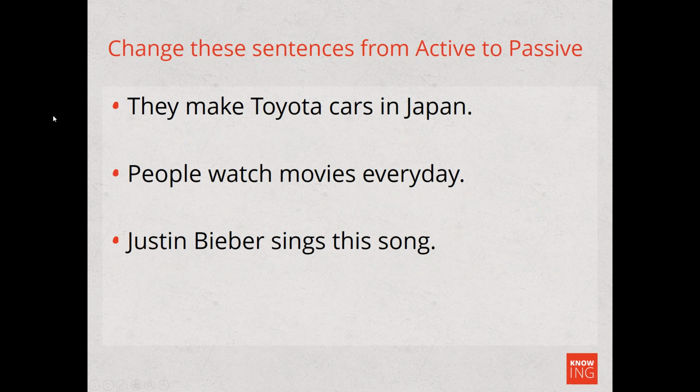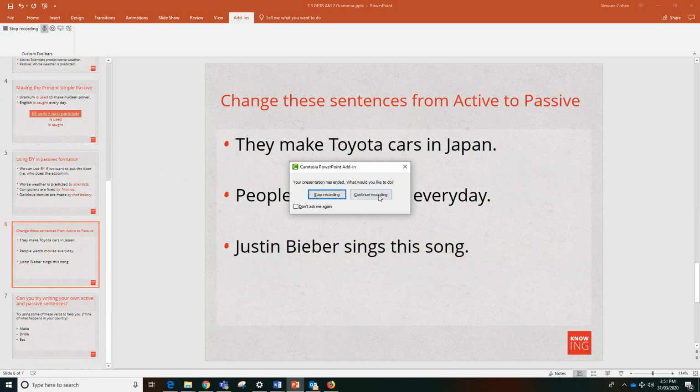So if we wanted to change these sentences from active to passive, how would we do that? I may give you some time to even practice this on your own, but I might do the first one. So: they make Toyota cars in Japan. Toyota cars are made in Japan, and I might write that in so you have that.